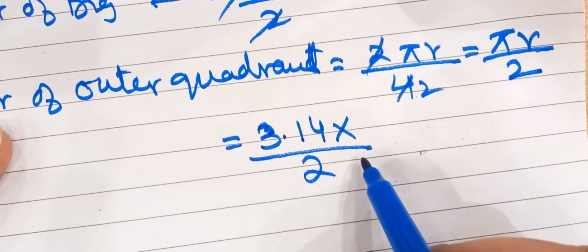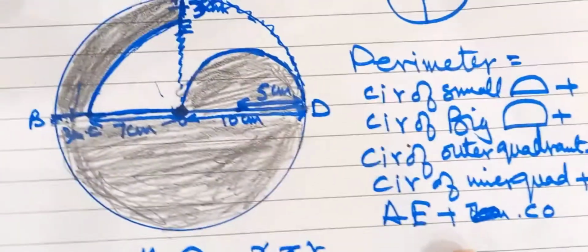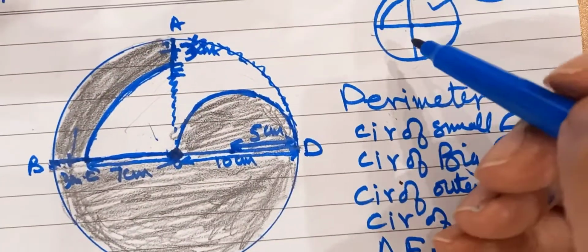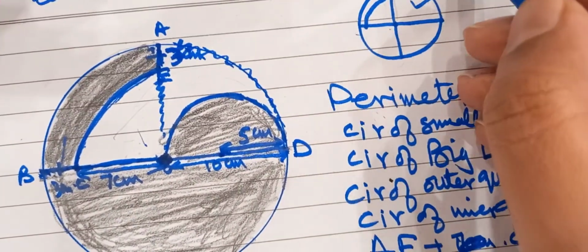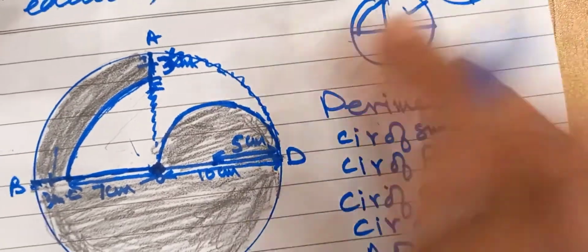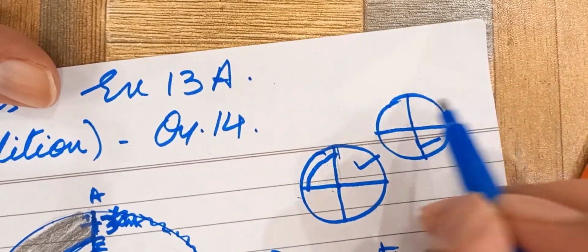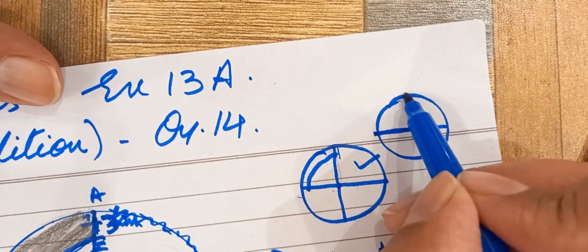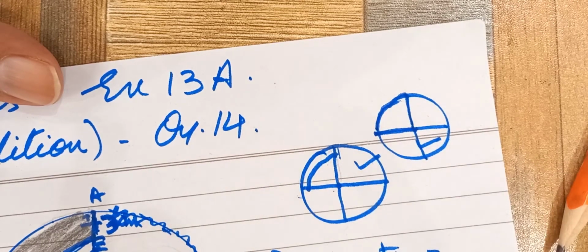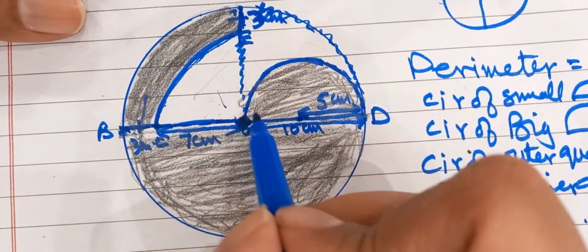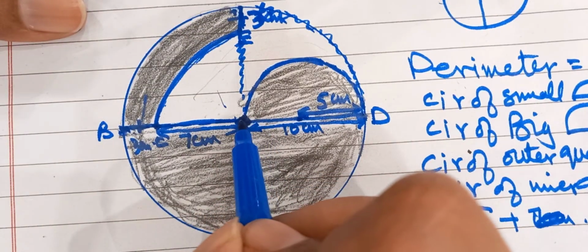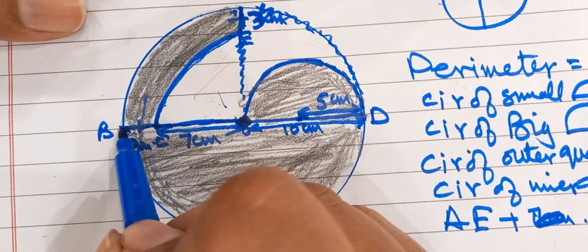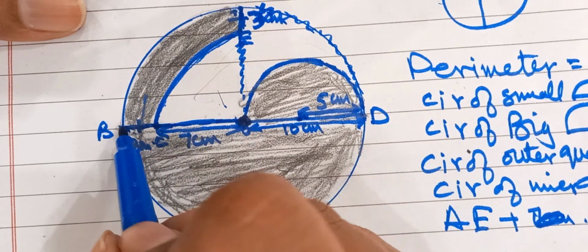And how am I going to get the radius? One thing you must keep in mind is that when I divide a circle into 4 equal parts, this is the radius and this is the radius of the outer part. Here the radius of this quadrant starts from this point and touches the outskirts of this quadrant, so its radius is also 10.